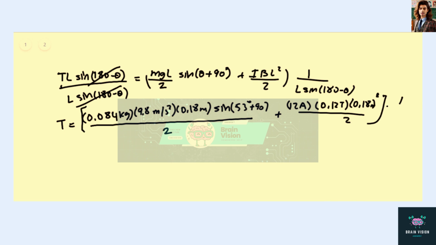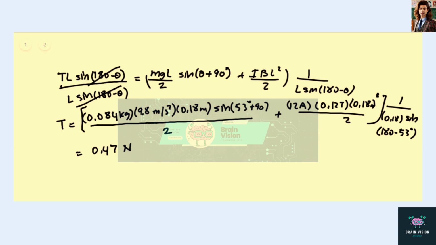Then we have 1 over the length, 0.18 meters, times the sine of 180 minus 53. So if we do this calculation correctly, then potentially we're getting something like 0.47 newtons.